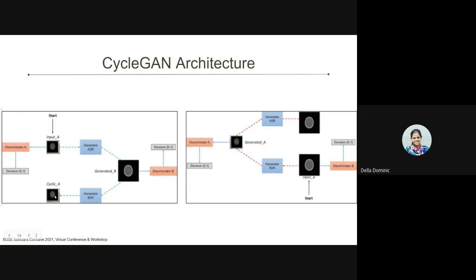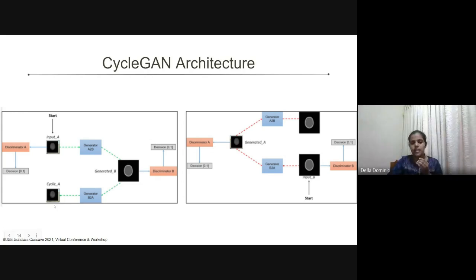This is the forward cycle, and the cycle consistency loss between the reconstructed and the actual MRI images is used for improving both the generators and the discriminators.